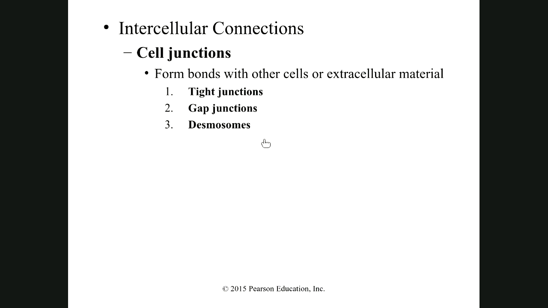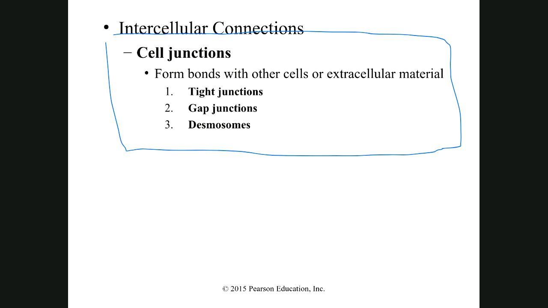Now, here is one of the most important characteristics that you can say that epithelium is different from connective tissue. And that is, in order for the epithelium to work efficiently, they must work together as a community, okay? As a community, okay?